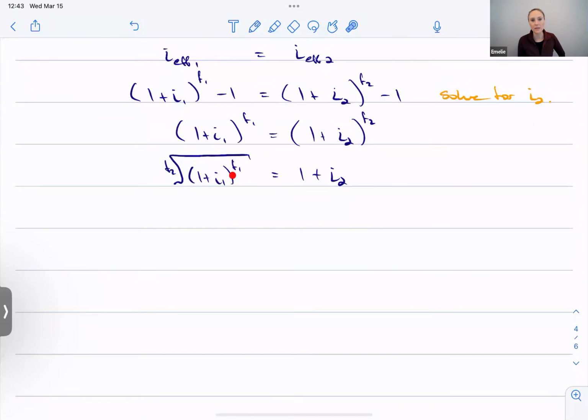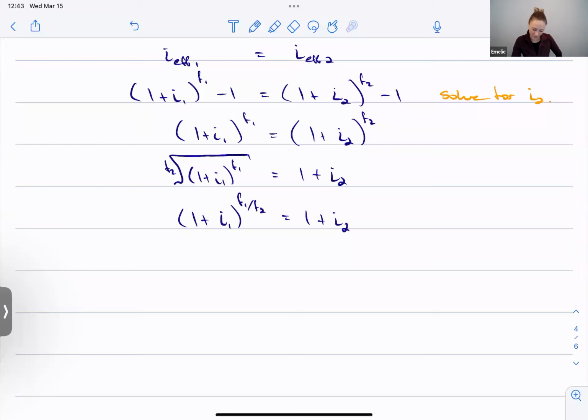But I can rewrite this a little bit cleaner. The F2th root is the same as 1 over F2 in the power, which means that you have (1 plus I1) to the power of F1 over F2 is equal to 1 plus I2. So close.